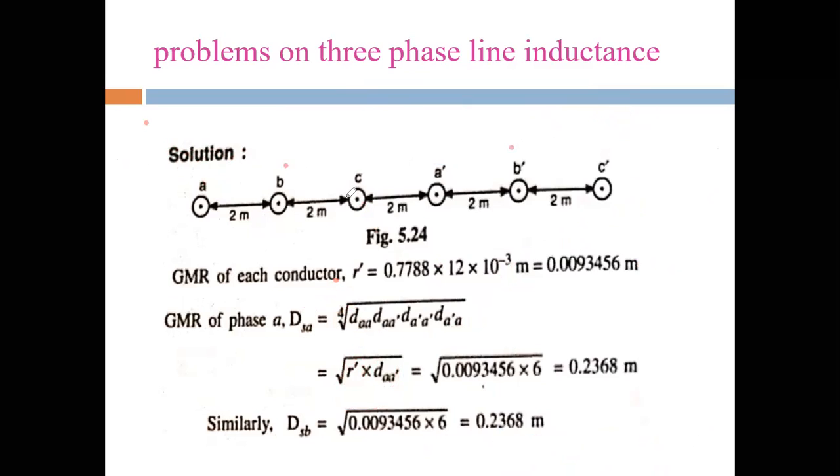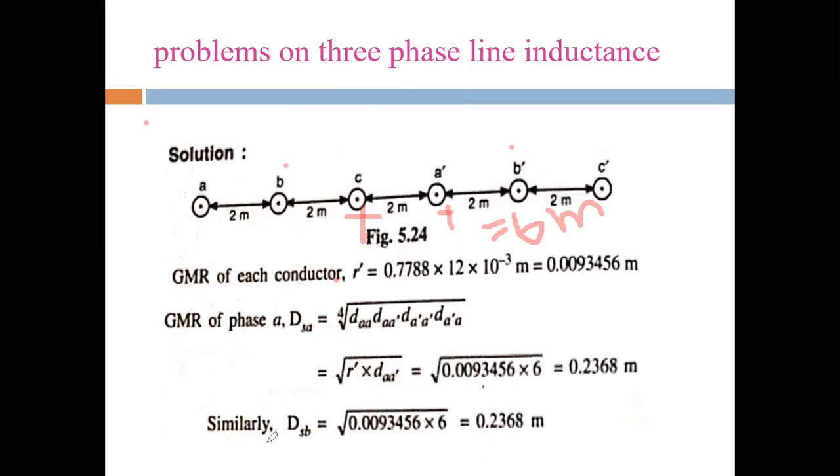The distance between B to C is 2, plus C to A dash is 2, plus A dash to B dash is 2. So 2 plus 2 is 4, 4 plus 2 is 6 meters. That is the distance between B to B dash.